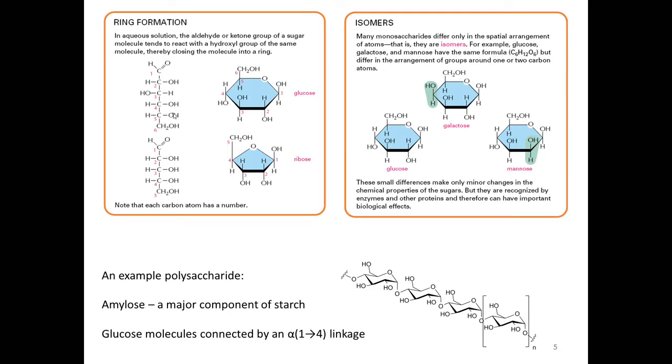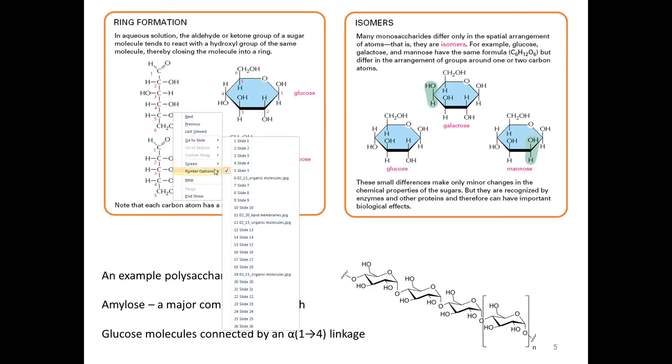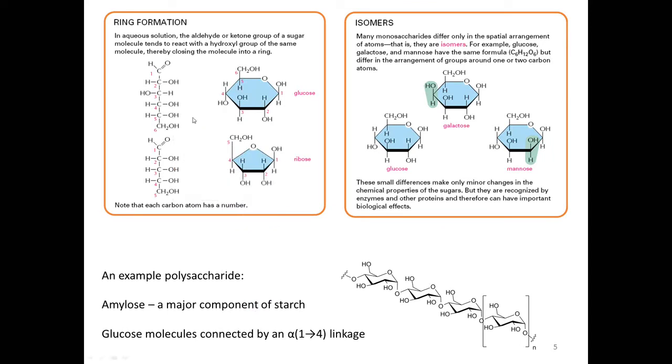This hydroxyl group on the 5th carbon will attack this carbon that has the aldehyde group. This aldehyde oxygen will be converted to a hydroxyl group, and this 6th carbon will be above the ring here. So you have a 6-membered ring, 5 carbons, 1 oxygen.